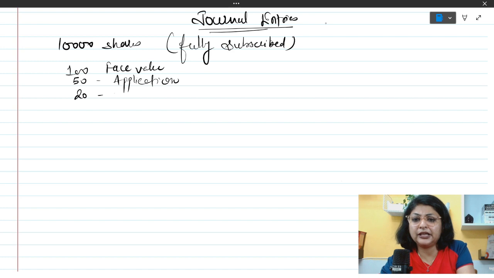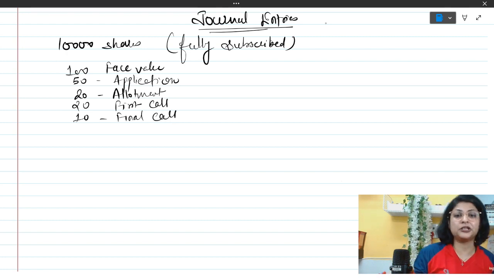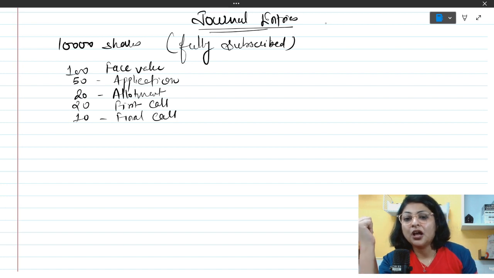Rupees 20 is allotment. Rupees 20 is first call. And rupees 10 is final call. So like this, the company is collecting money from the public in 4 installments: application, allotment, first call and final call.